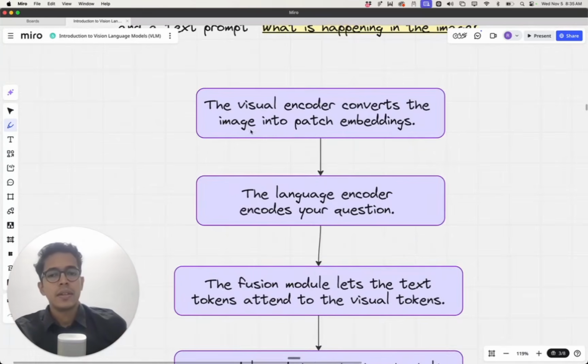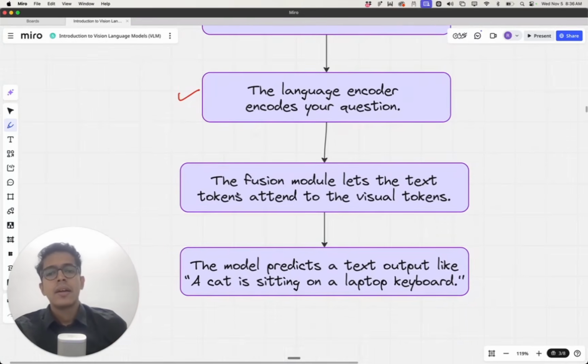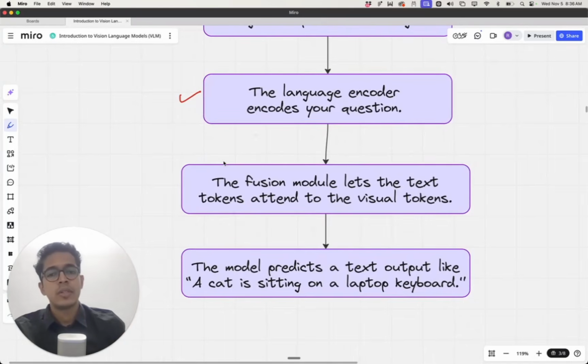And here is an example of how a VLM workflow looks. First, your input image will be converted using the image encoder into visual embeddings. Each embedding is a vector. Then the text encoder will convert your text input into a vector. If they are in a common representational space, these two vectors should look similar.